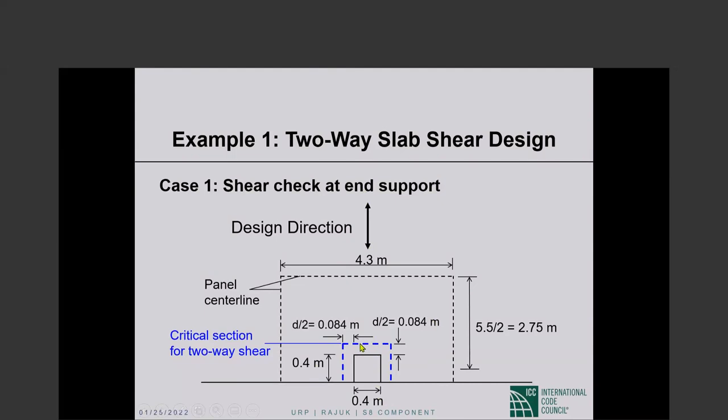So we calculated the direct shear stress on that face of the critical section, V sub U over A sub C. And then we calculated the unbalanced moment that is transferred by shear, gamma sub V times M sub U. We took that moment, divided by the polar moment of inertia about the centroidal axis, and multiplied by the distance from the centroidal axis to this face.